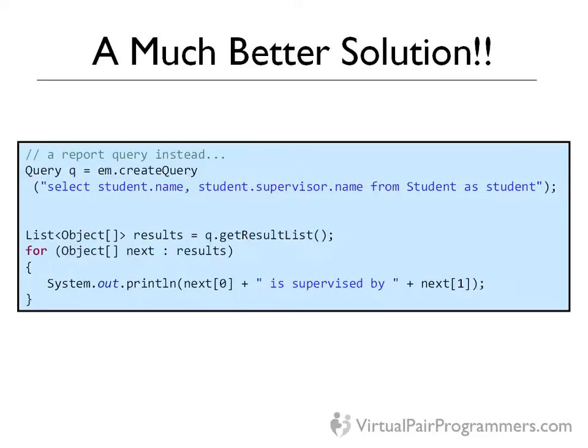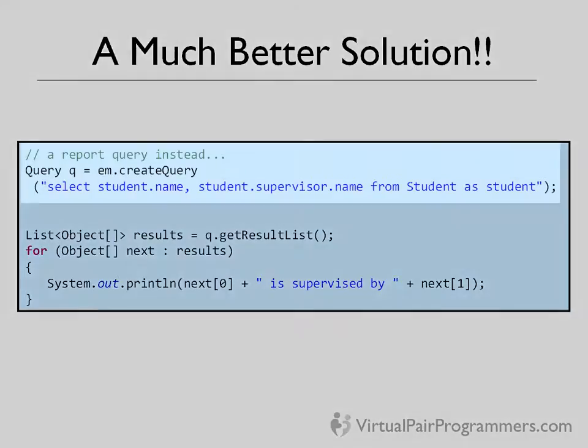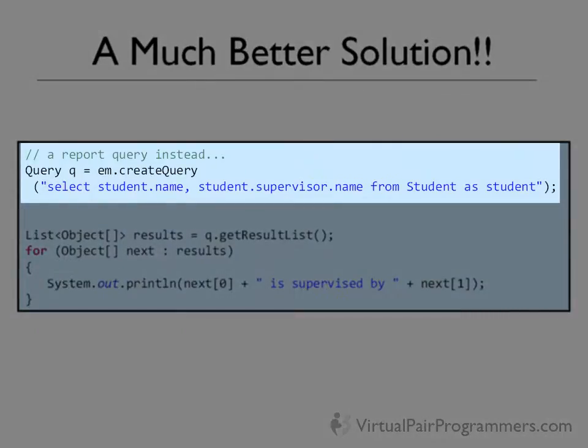Remember from earlier in the course, a report query is where instead of creating objects that we're going to call methods on, we do a more SQL style query where we select specific properties from an object.